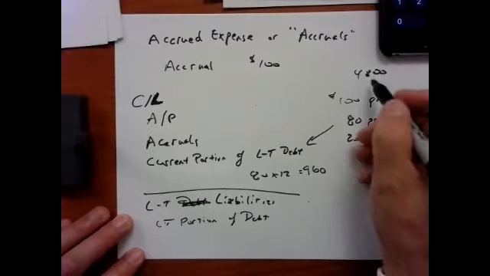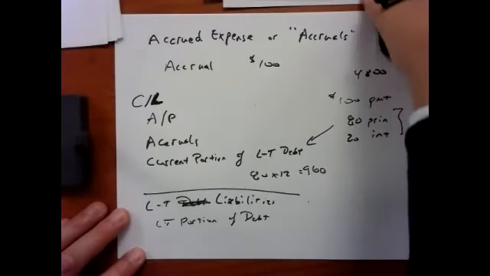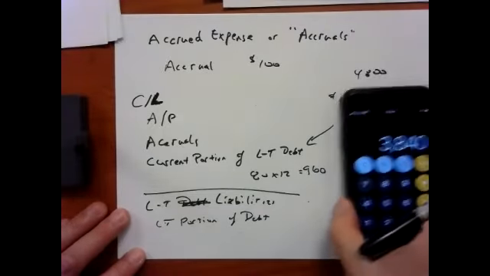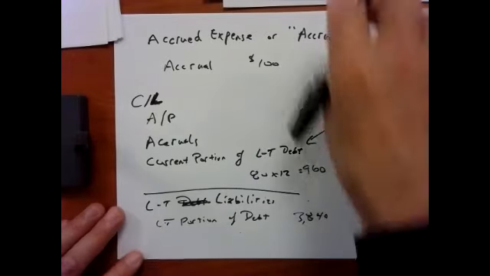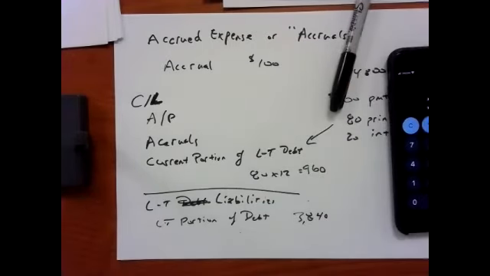In this case, we had a $4,800 loan minus the $960 that's current, so we'd have $3,840. That's the portion of the loan that's not due this year, the principal that's not going to be paid this year. So if we have a long-term loan, we split it between what's current and what's long-term. Okay.